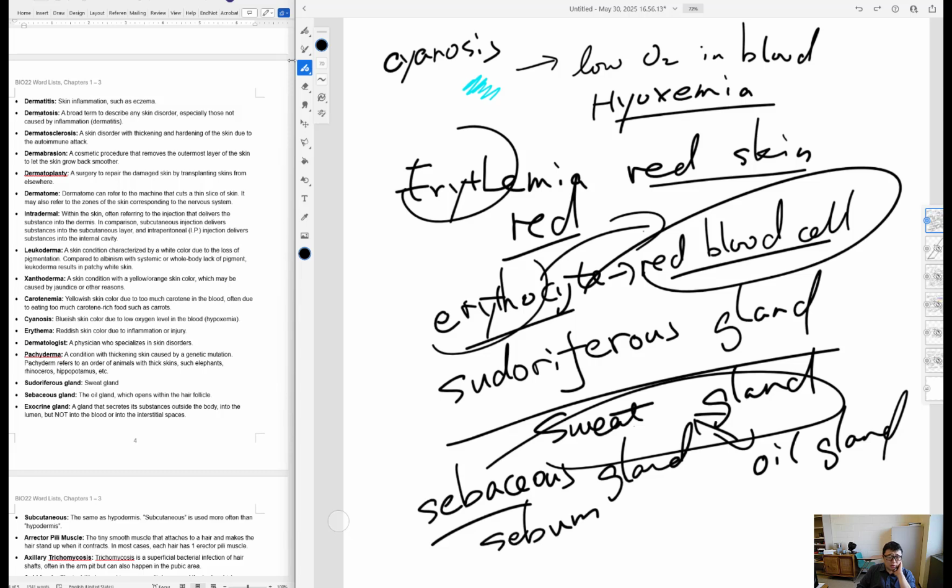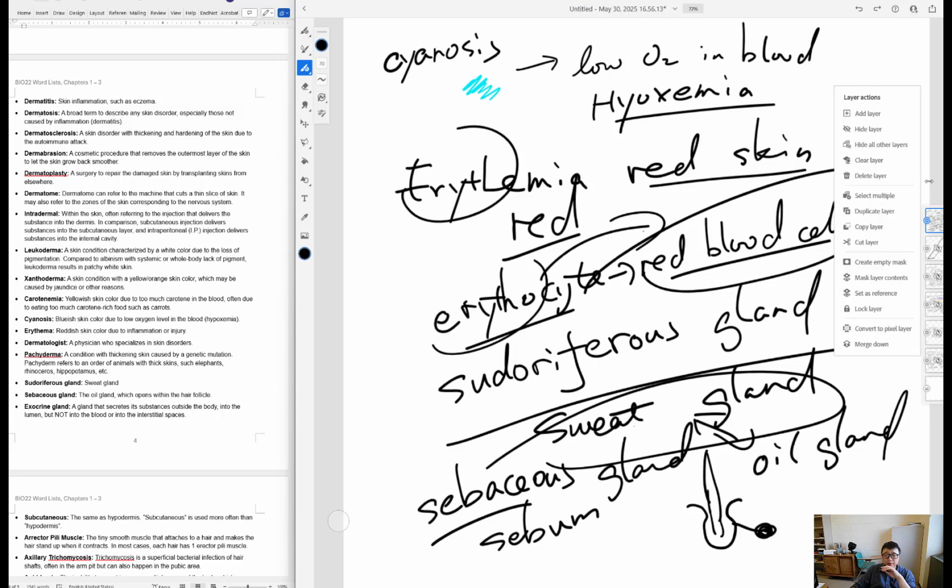Sebum is not really all oil. The sebaceous gland produces a kind of oil coating on the hair, so it's associated with the hair follicle. In most cases, one sebaceous gland, one hair follicle. Keep moving.